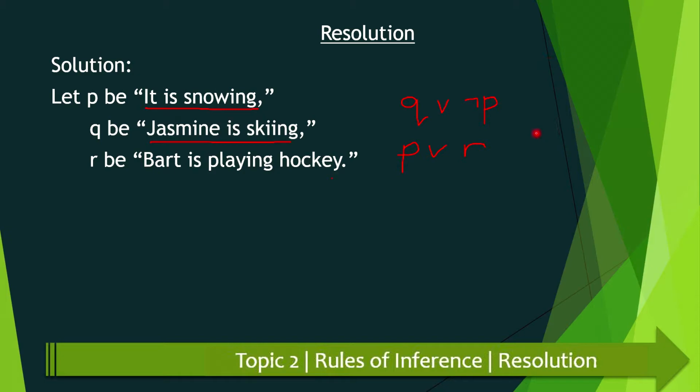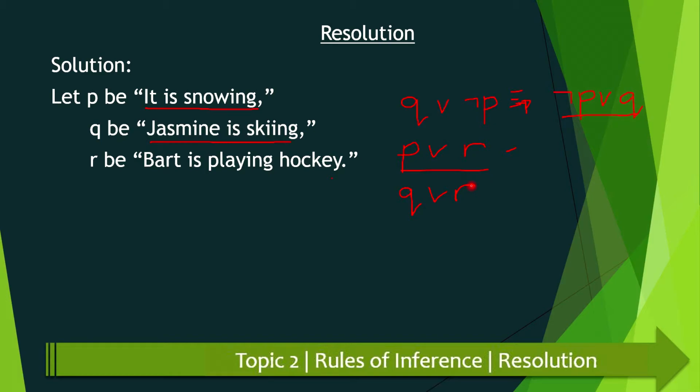Now, if you notice, these two are hypotheses in the resolution, because this is logically equivalent to not P or Q, and then we have P or R, which is equivalent to Q or R already.